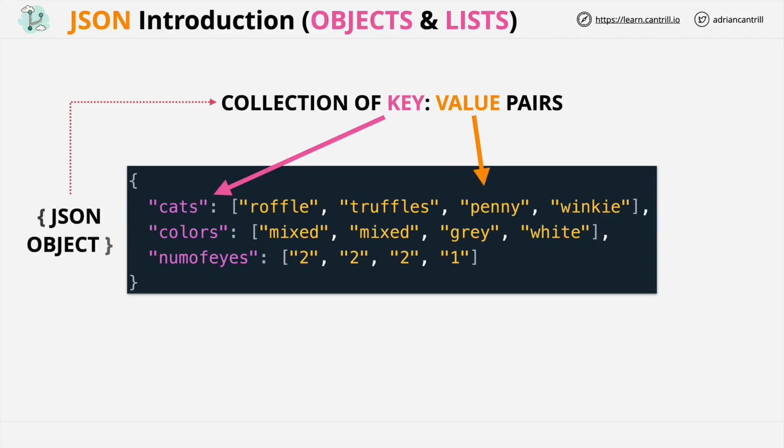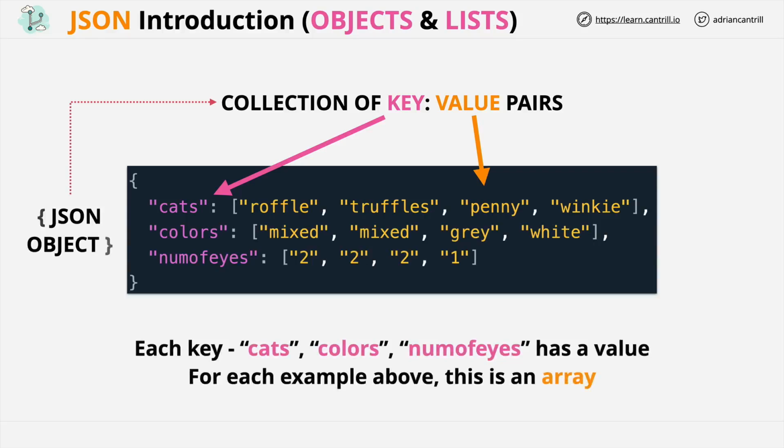We have cats, colours, and finally num of eyes, and each key has a corresponding value in this example, which is an array. The top level key value pair has a value containing an array of cat names, the middle has a value which is an array of the colour of the cats, and then the last key value pair has a value which is a list of the number of eyes which each cat has.